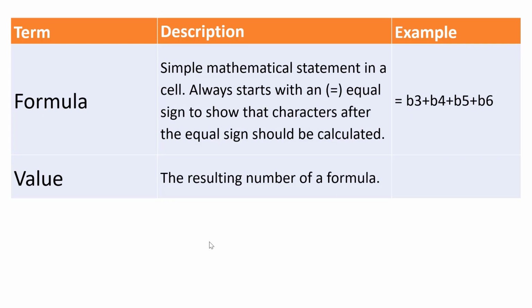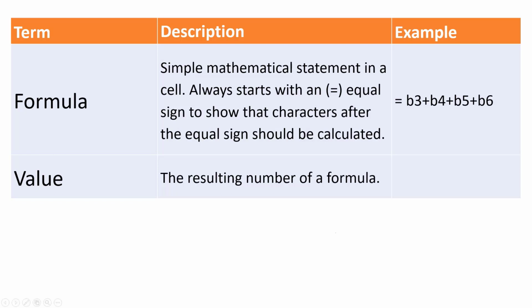A formula, like we already know, is a simple mathematical statement in a cell. It always starts with an equal sign to show the characters that should be calculated, and obviously it includes operators. The value is the resulting number of the formula. We recognize this formula here that we used when we added up all of our different advertising sources.